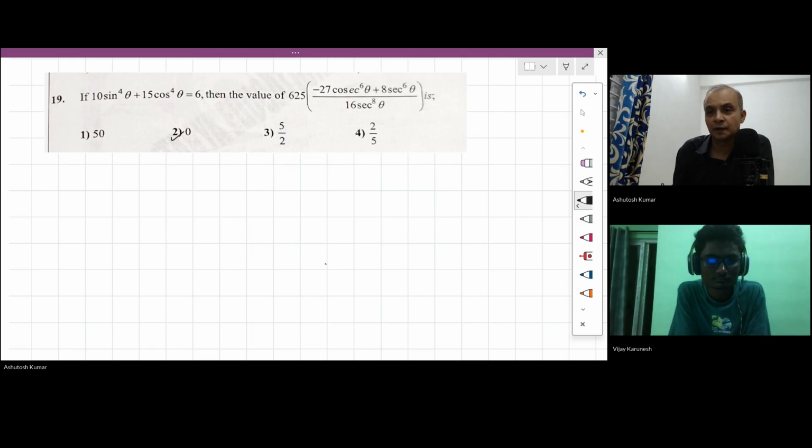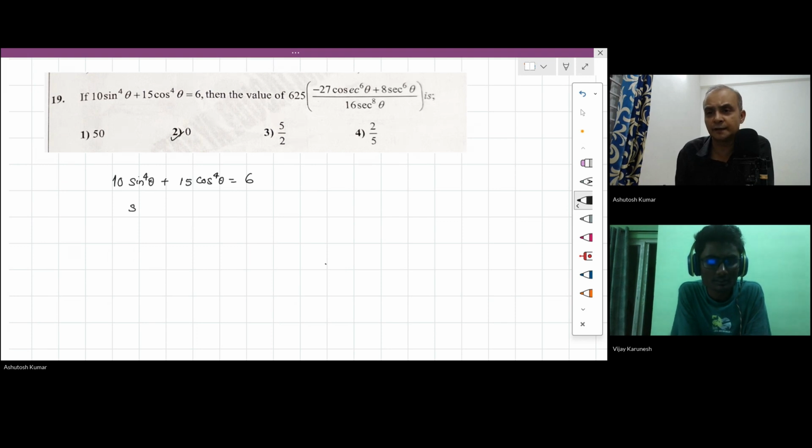Let's see. You see here 10 sine to the power 4 theta plus 15 cos to the power 4 theta is equal to 6, correct? Let's divide this entire equation by 6 first.